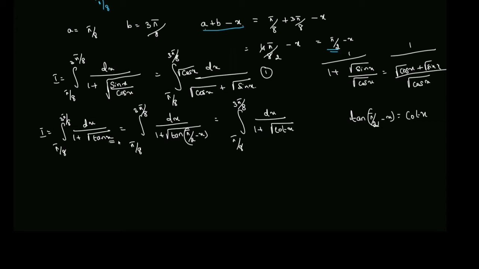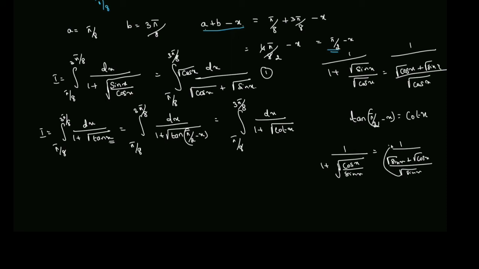Writing cot x as cos x by sin x and taking the LCM, root sin x, we get 1 by root sin x plus root cos x by root sin x.